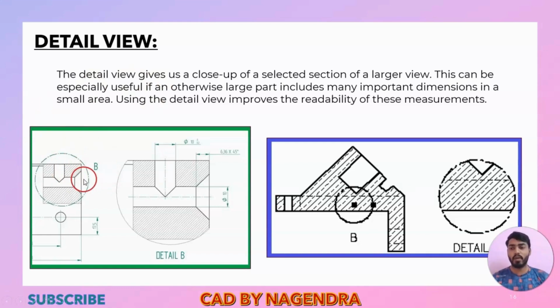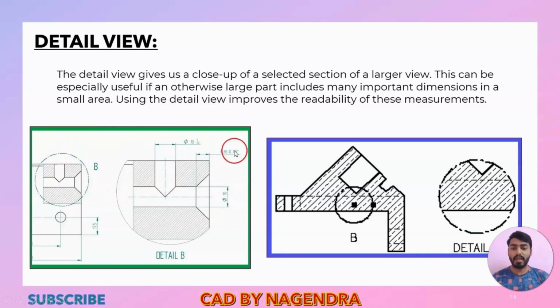We will not be able to read the dimensions properly. In such a case, by using detailed views, we are able to select a particular area or region, and we can get a zoomed-in portion of that selected area, and we can specify dimensions separately like this. As you can see, the size is very small, and we are getting a zoomed-in portion of that area properly.